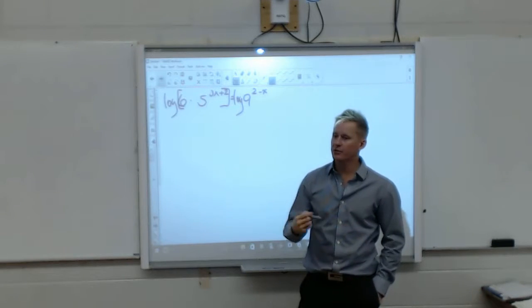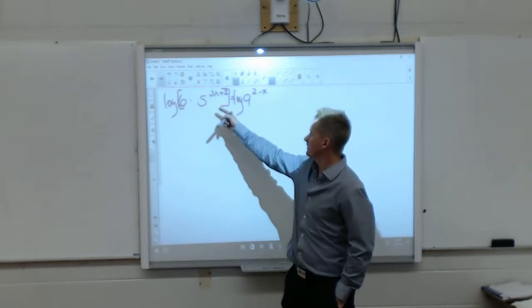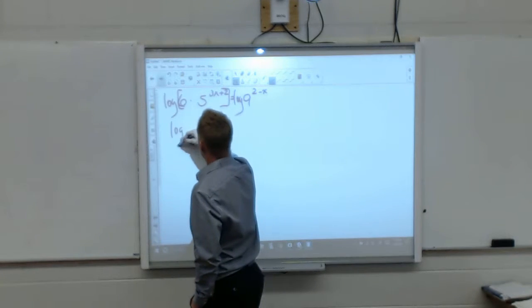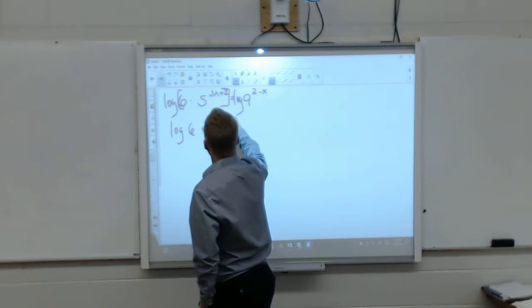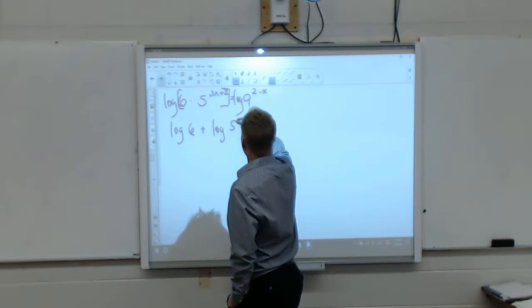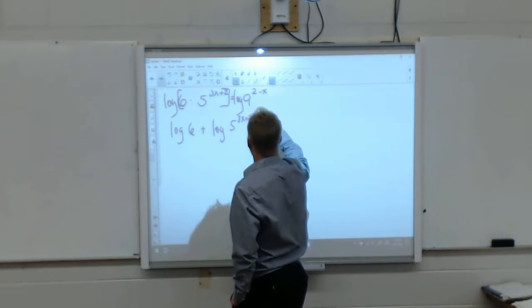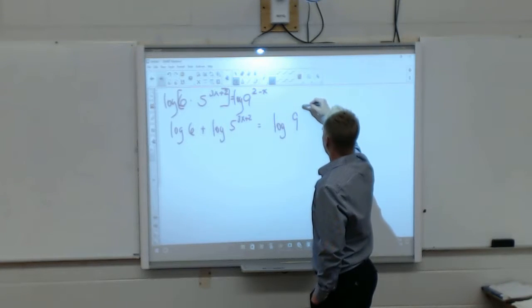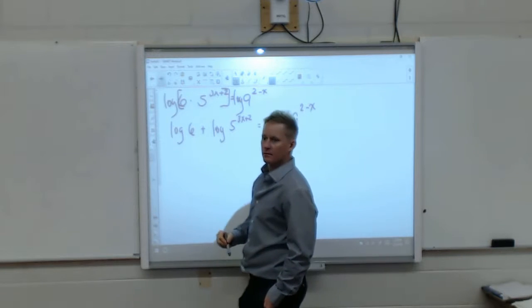Now using my first rule, I need to adjust this. So my first rule gives log of 6 plus the log of 5 to the 3x over 2 is equal to the log of 9 to the 2 minus x.